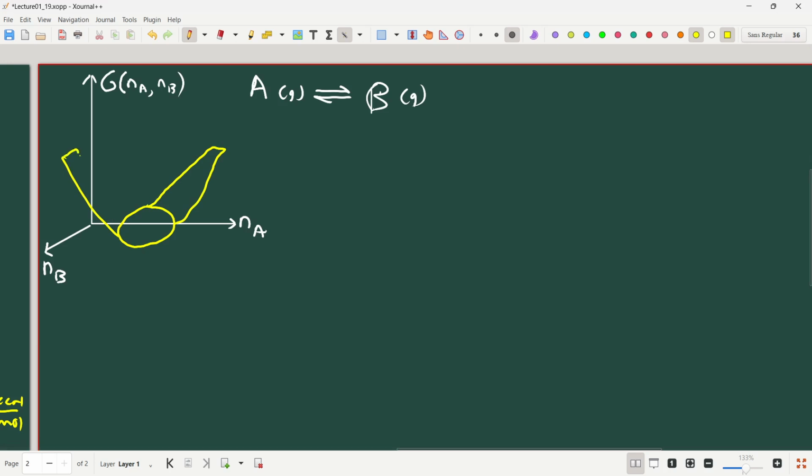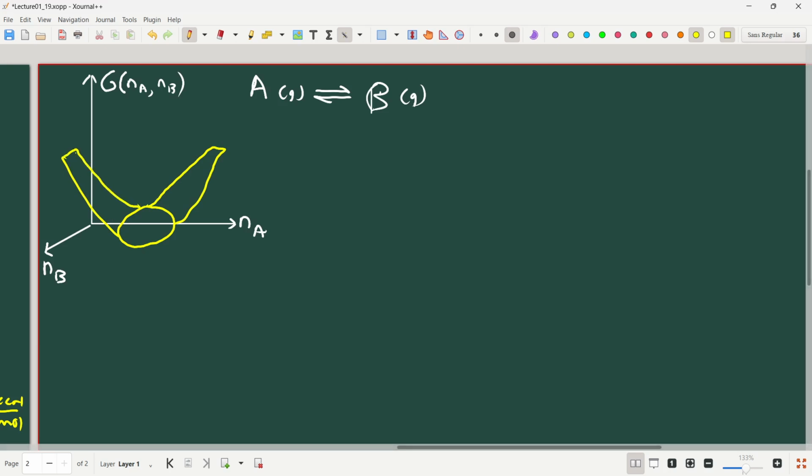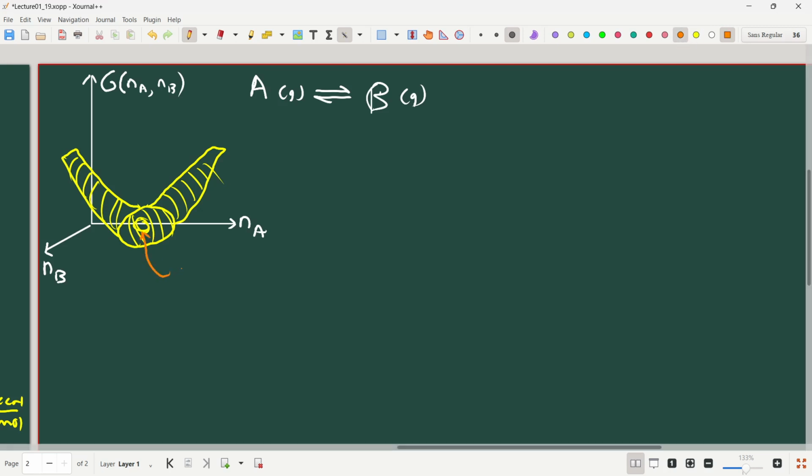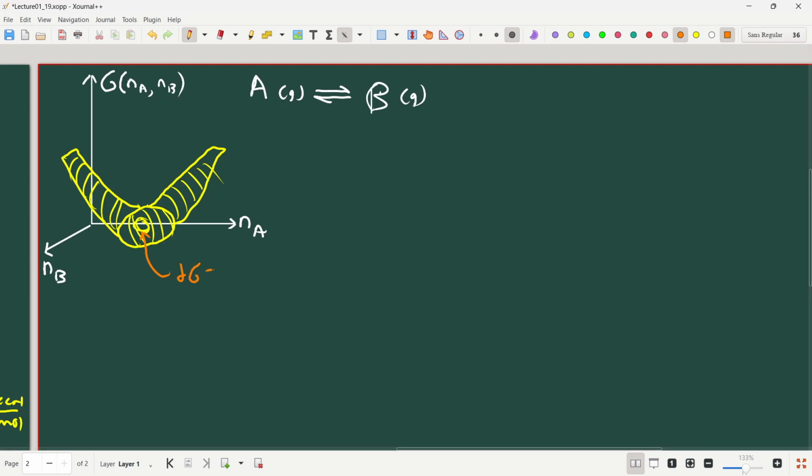It's a really bad function, but you get the idea. So we have this surface here, where we have this minimum energy point. So we have delta G equal to 0 here. This is the equilibrium point.